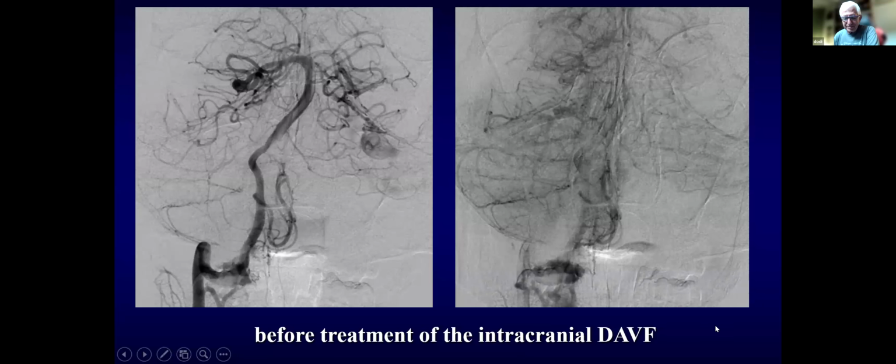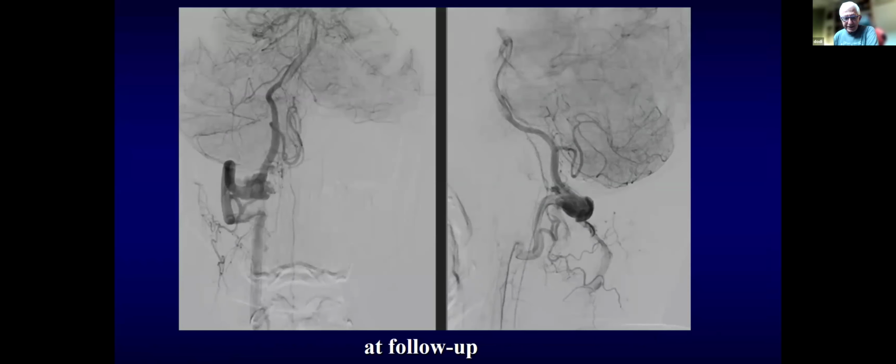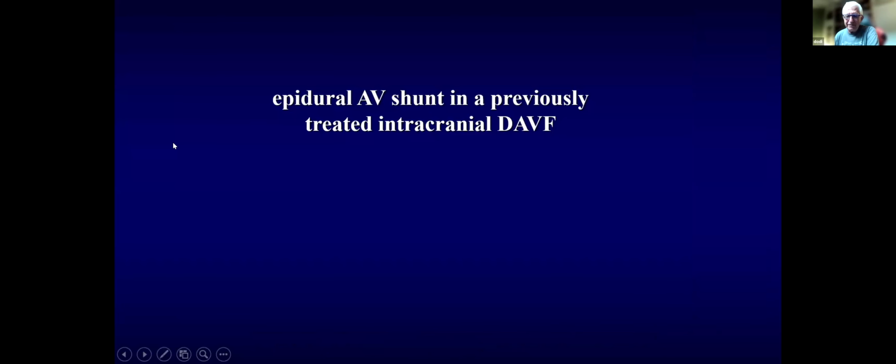Again, here was before the treatment, so the epidural shunt before treatment of the intracranial dural AV fistula. And this is the follow-up, again, same thing. So it's an epidural AV shunt in a previously treated intracranial dural AV fistula.